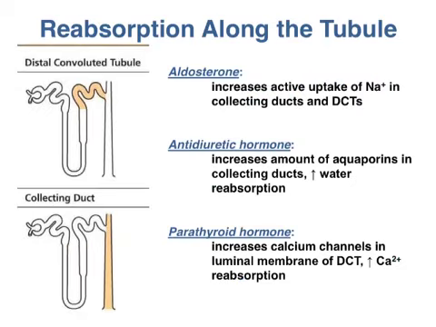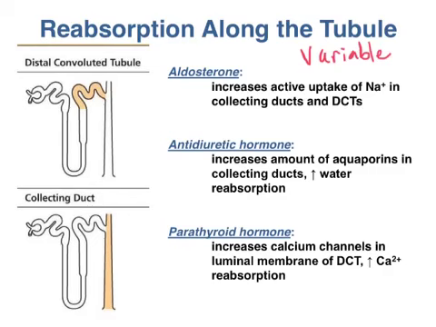In the distal convoluted tubule and the collecting duct, you have variable reabsorption, and this is in response to various hormones. So aldosterone affects the uptake of sodium. It also affects the secretion of potassium because it uses these sodium and potassium ATPase pumps. So they basically exchange sodium and potassium.